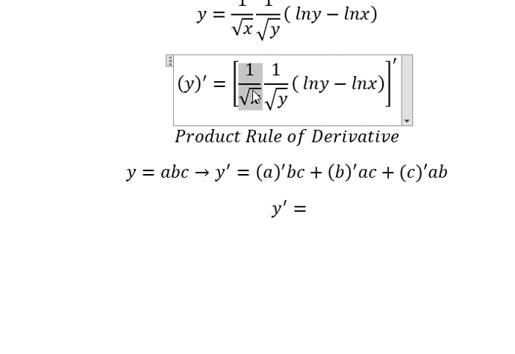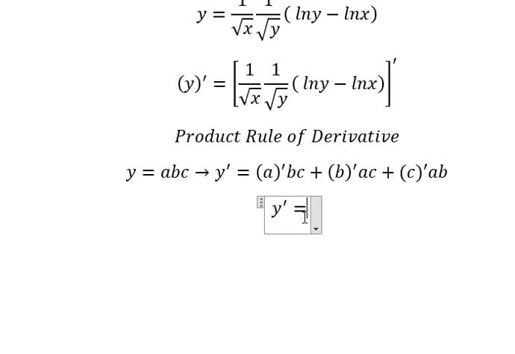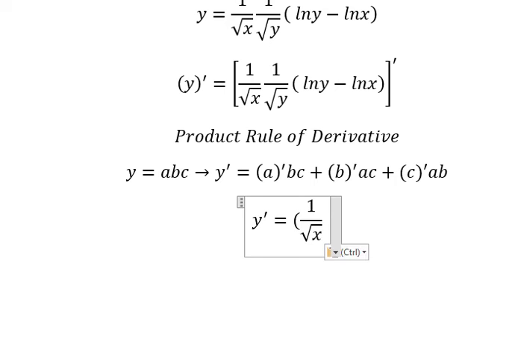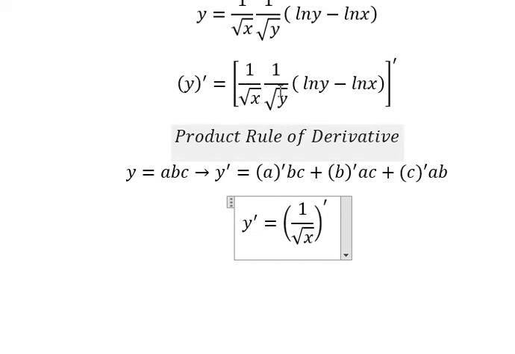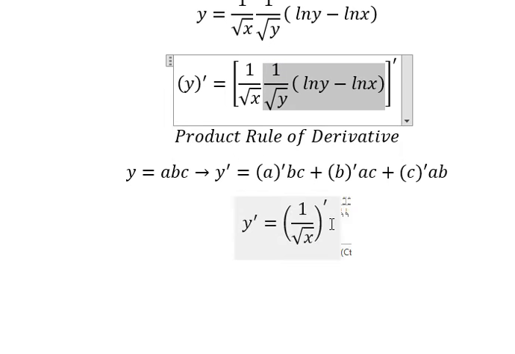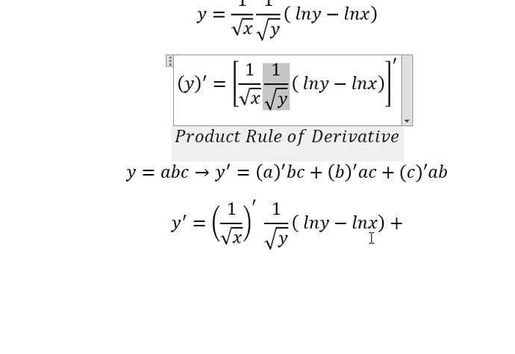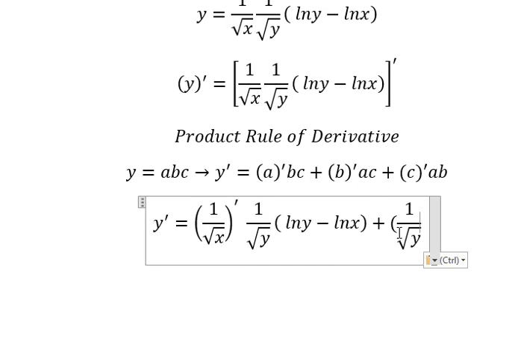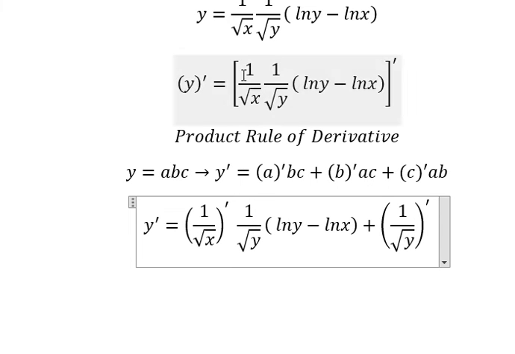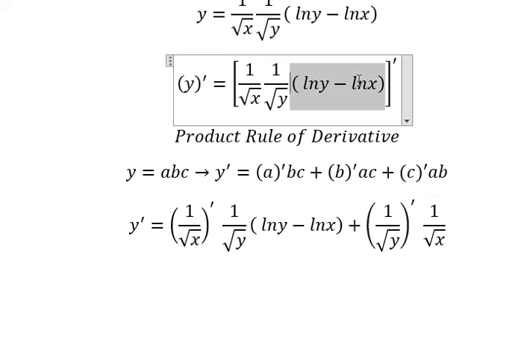Now, we do first the derivative of this one. Multiply by this one. And then we do the derivative of this one. We multiply by this one and this one.